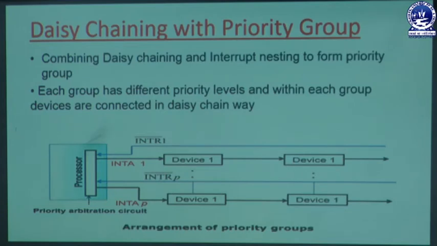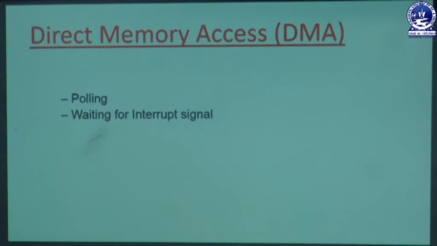But when we group the devices into a single group, the grouping is performed by using the priority concept. In this way the daisy chaining with priority group is serviced. So the next concept is direct memory access.